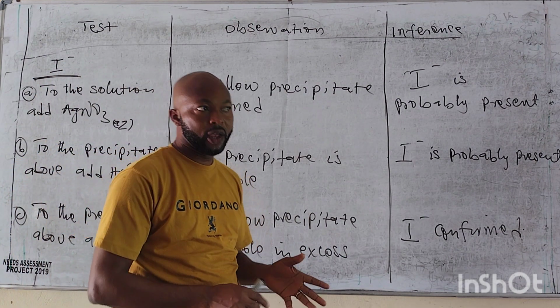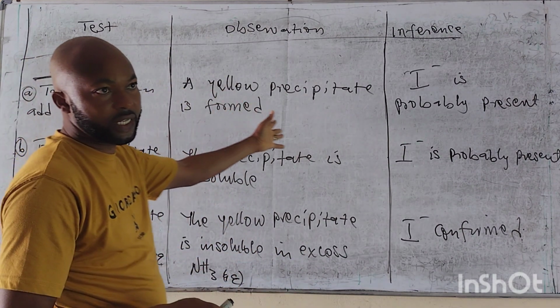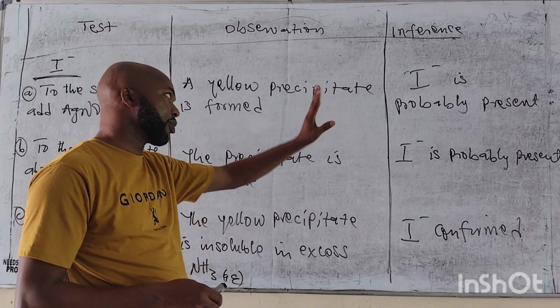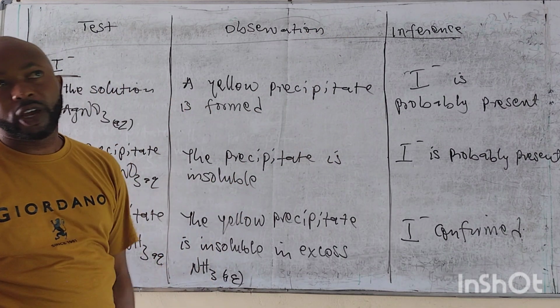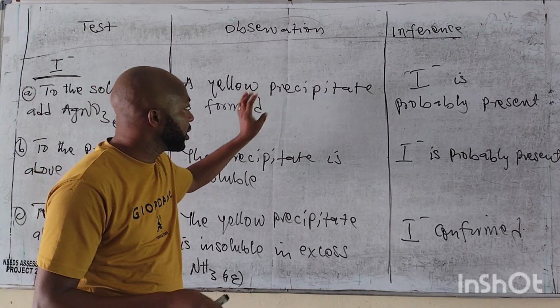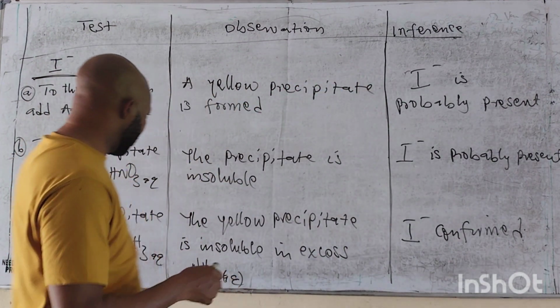So we have been able to look at the test, observation, and inference of chlorine, iodine, and bromine so far. In that of chlorine, when we added silver nitrate, we have a white precipitate. We have chlorine, SO3, S2 minus probably present. In that of bromine, we have a cream or pale yellow precipitate formed, and bromine probably present too.